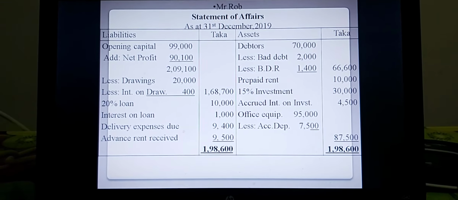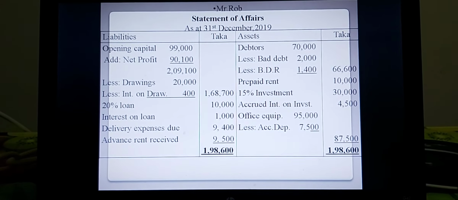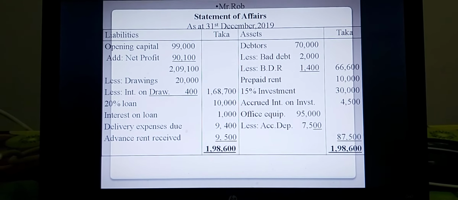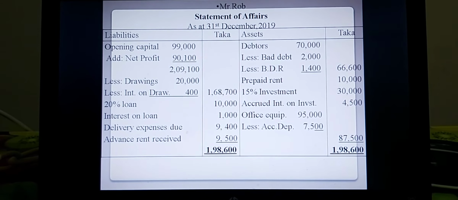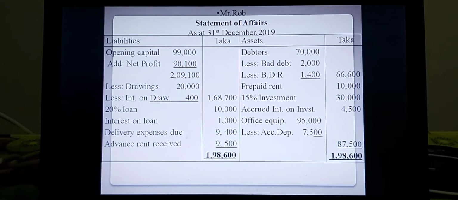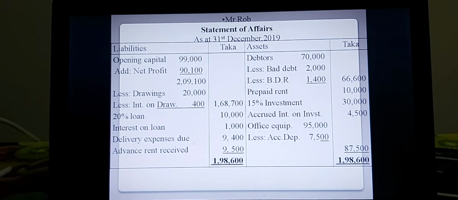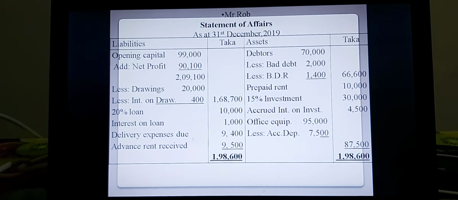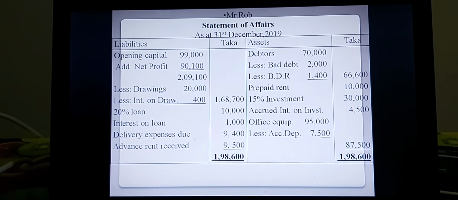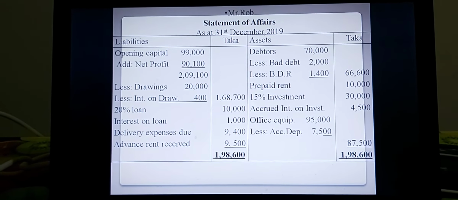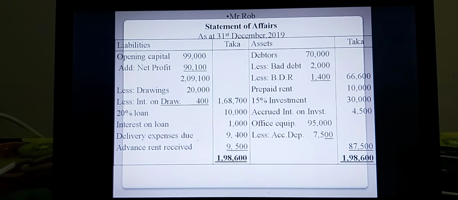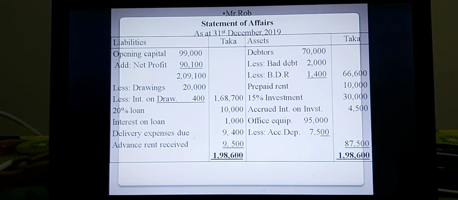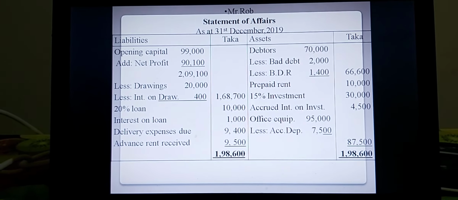Prepaid rent is indicated as an asset, 10,000 for closing amount; 15% investment taka 30,000. Accrued interest on investment, we have already solved this item in the statement of profit and loss, 4,500. Office equipment, that is the fixed asset, 95,000 is given, and accumulated depreciation, 7,500 given in other information, is to be deducted from the total assets.